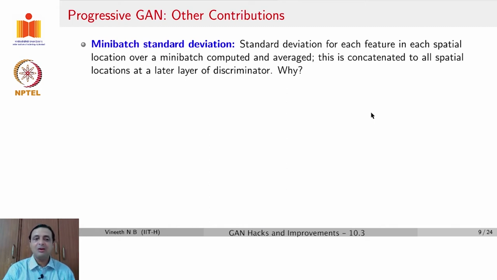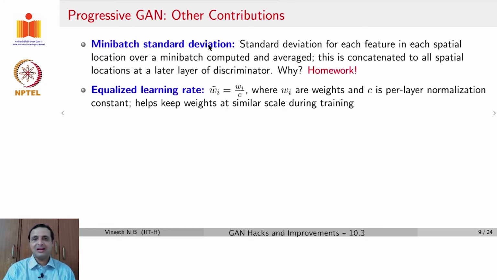So you can imagine now that when the generator generates a particular feature map, you take every spatial location, which is every pixel, and compute its statistics across the entire mini batch. You will get a certain standard deviation for that value across the mini batch that is concatenated to all spatial locations at a later layer of the discriminator. Why do you think this is done? Think about it. It will be your homework for this lecture.